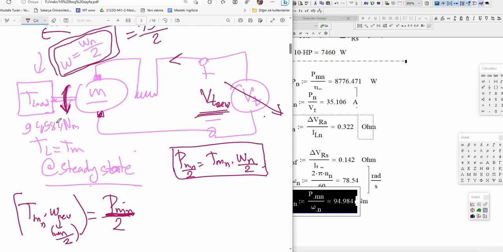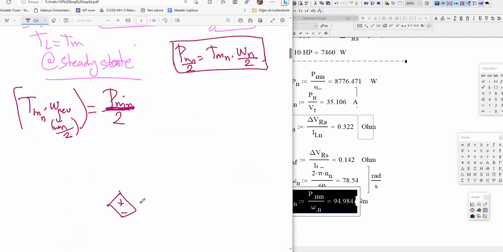And then here are some other consumptions. Here's the equivalent circuit. The converted power or armature power is across this element.